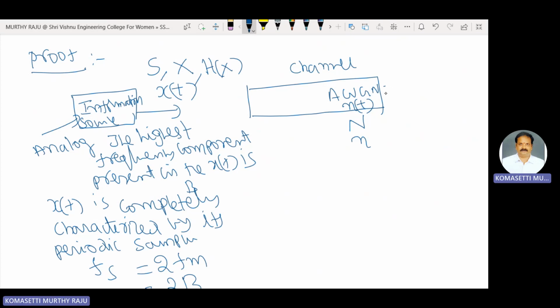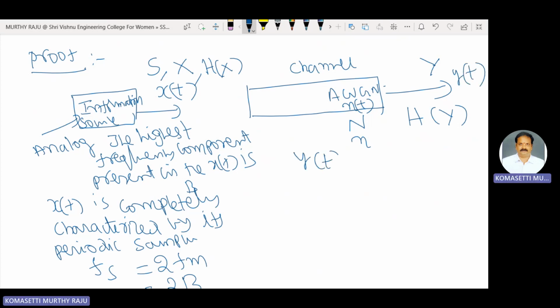The output of the channel is the random variable Y. The entropy of that output of the channel is H of Y. The output signal is represented by y of t.